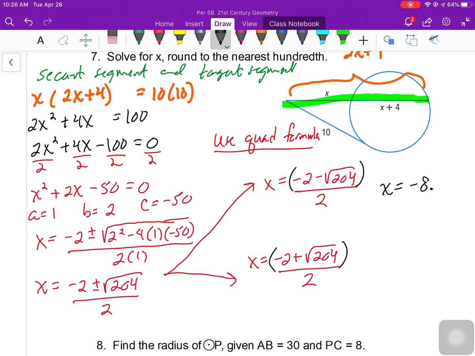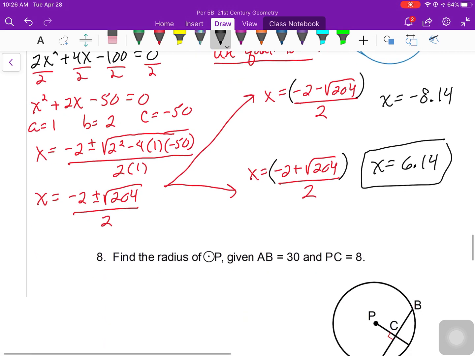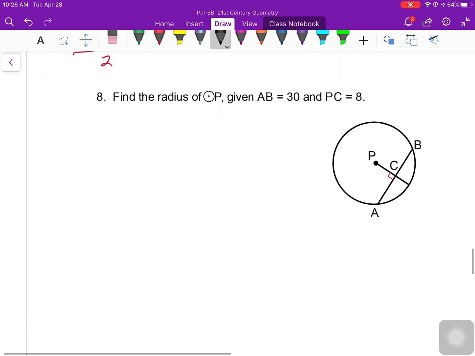Now for the top one, when we use the minus sign, we get x equals negative 8.14. For the bottom one, we get x equals 6.14. They told us to round to the nearest hundredth, 2 decimals. The bottom one will work fine, but the top one does not work, so we can't use that one.